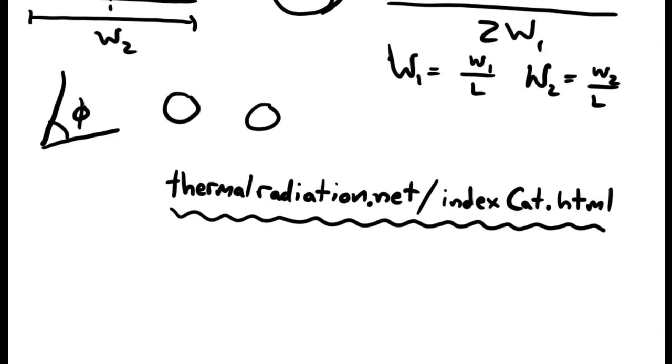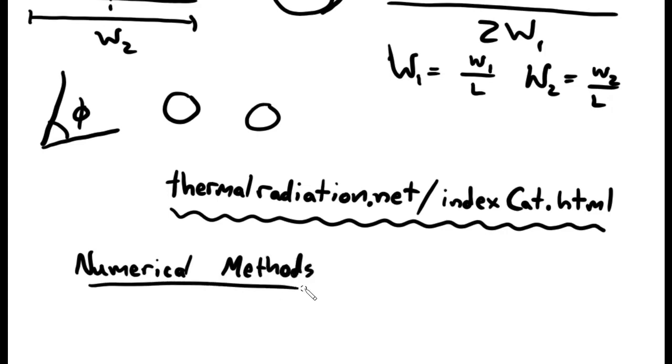Okay, there are a few other methods. Specifically, there are numerical methods, which anytime you use a heat transfer solver in ANSYS or something like that, it's using a numerical method to find the view factors between all of the different surfaces, and then it's solving all of the heat transfer between those surfaces using the view factors.